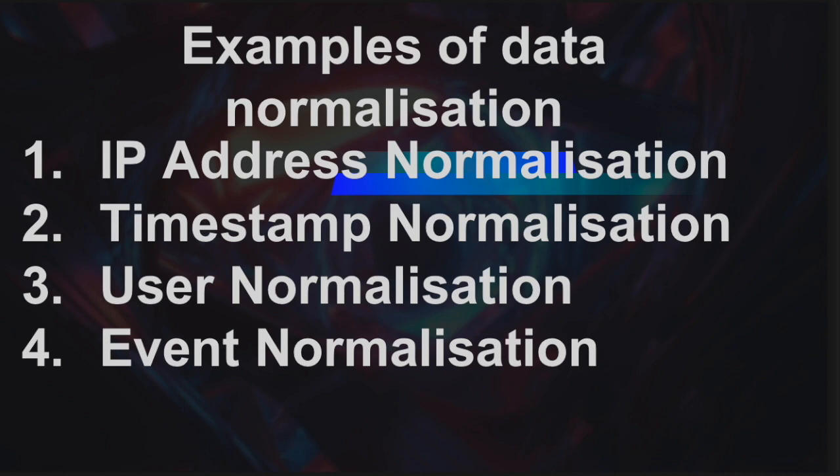Now, the third example is username normalization. Usernames can vary across different systems, and normalization can be used to ensure consistency. For example, some systems may use a user's email address as their username, while others may use a numerical identifier.